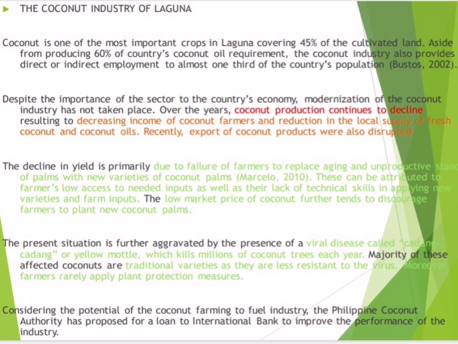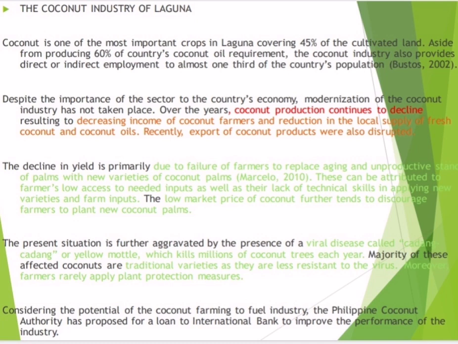And on the second paragraph, it says that despite the importance of the sector to the country's economy, modernization of the coconut industry has not taken place. Therefore, one of the problems is the modernization of the coconut industry because it has not yet taken place. Over the years, coconut production continues to decline, resulting in decreasing income of coconut farmers and reduction in the local supply of fresh coconut and coconut oils.